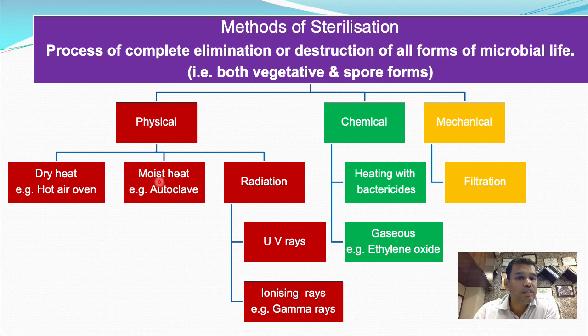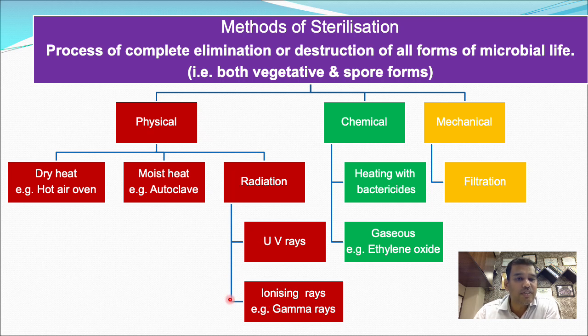Next is moist heat, that means steam, vapors of water, which penetrates the tissue of the microorganism and destroys the structure better. The example is the autoclave, the most commonly used method for sterilization of the surgical instrument. Next is radiation by UV rays or by ionizing radiation like gamma radiation.